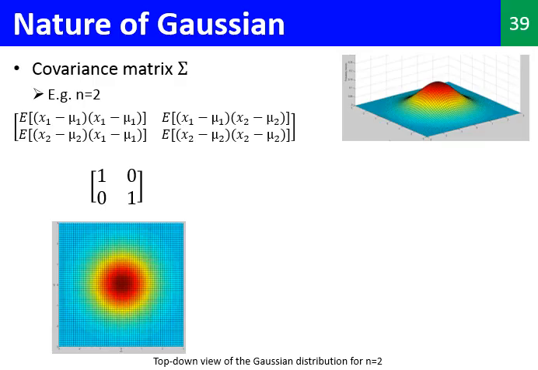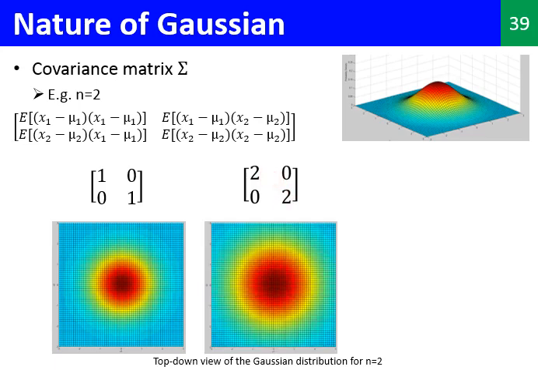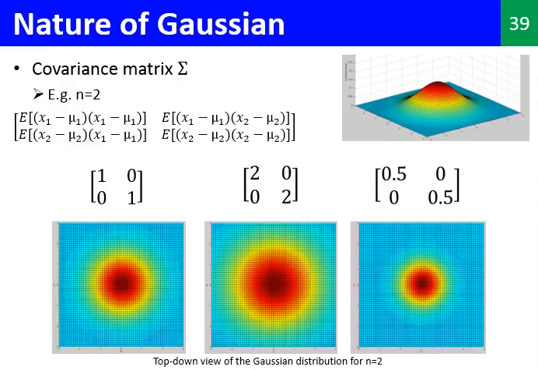Now what will happen if individual variances increase, like in this case? Of course, you know that the spread will be large and therefore we will see a larger circle. And what about when variance decreases? Obviously it will shrink and we will have a smaller circle from the top.